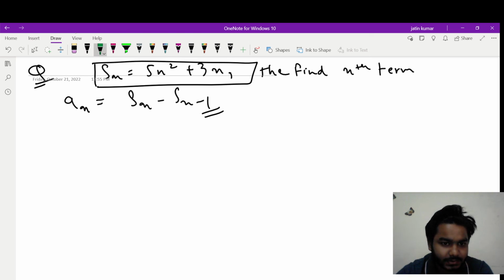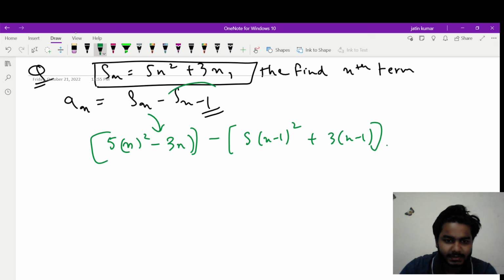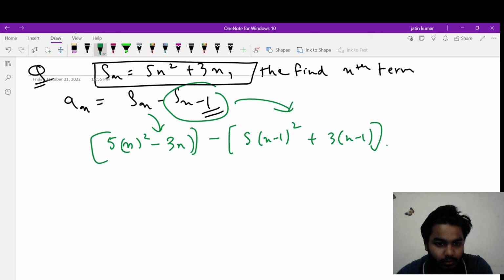Okay, so this is the sum, so 5n ka square minus 3n, this is Sn. So Sn minus 1 will be 5 into n minus 1 ka whole square plus 3 into n minus 1. Okay, according to the formula of the question, we will get the value of an.